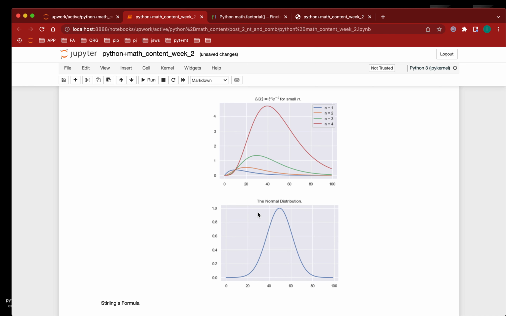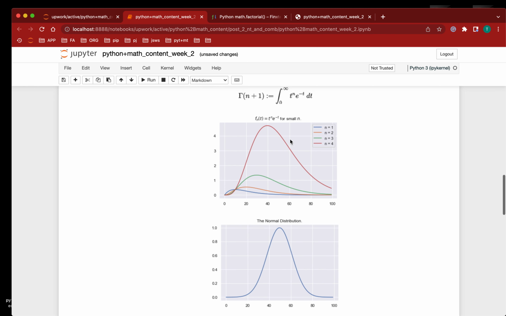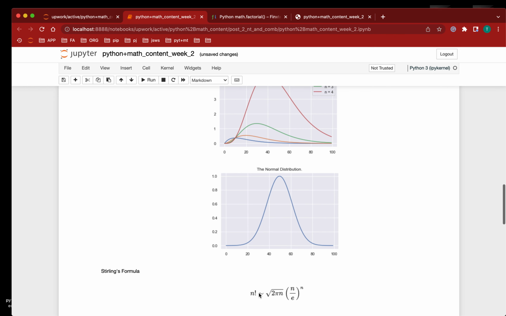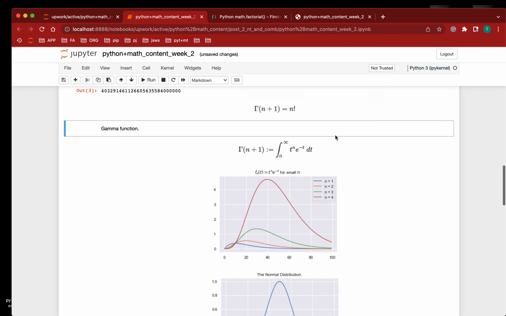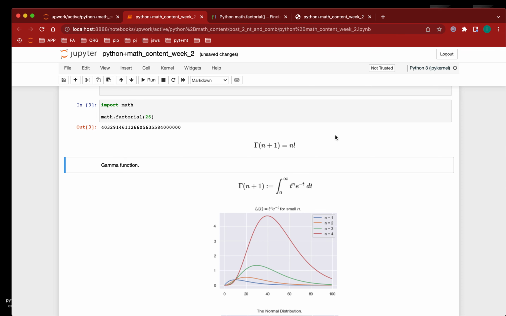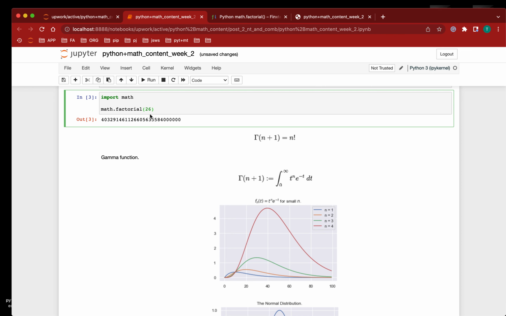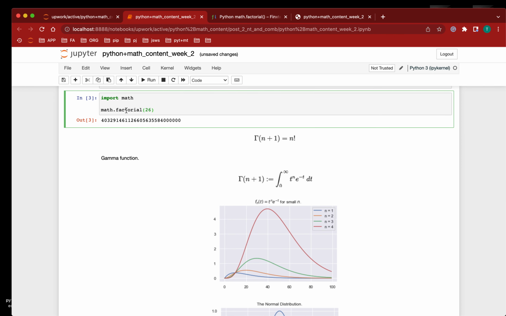And you can use techniques for evaluating the area under the Gaussian to get a reasonable approximation to the gamma function. That is roughly how you get this asymptotic formula, or approximation formula, for the factorial. That's all very technical, and you don't really need this to understand the Python math factorial function, but I think it's very important to understand how fast these things grow when you actually have to work with the factorial function.